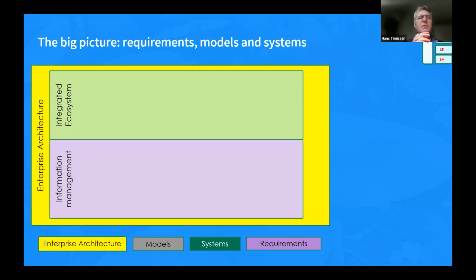And that brings me to the end of my presentation, where I try to put all the things I said in one drawing. It's about enterprise architecture, all kinds of model systems and the requirements. You have enterprise architecture. You can do drill downs with system engineering.